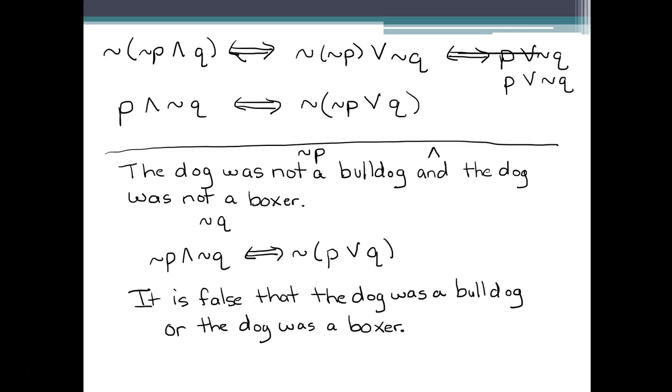And there you go. So saying the dog was not a bulldog and the dog was not a boxer is logically equivalent to saying it is false that the dog was a bulldog or the dog was a boxer. So there you have it.